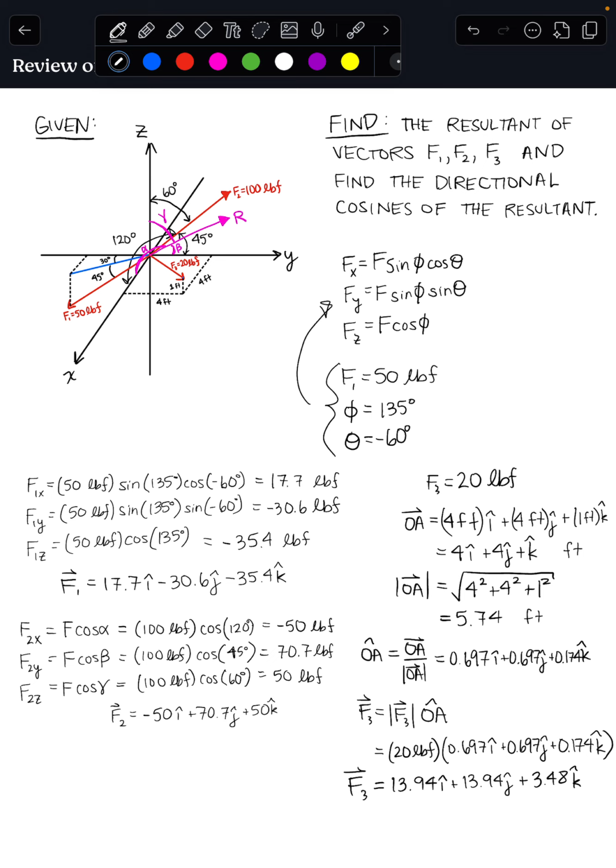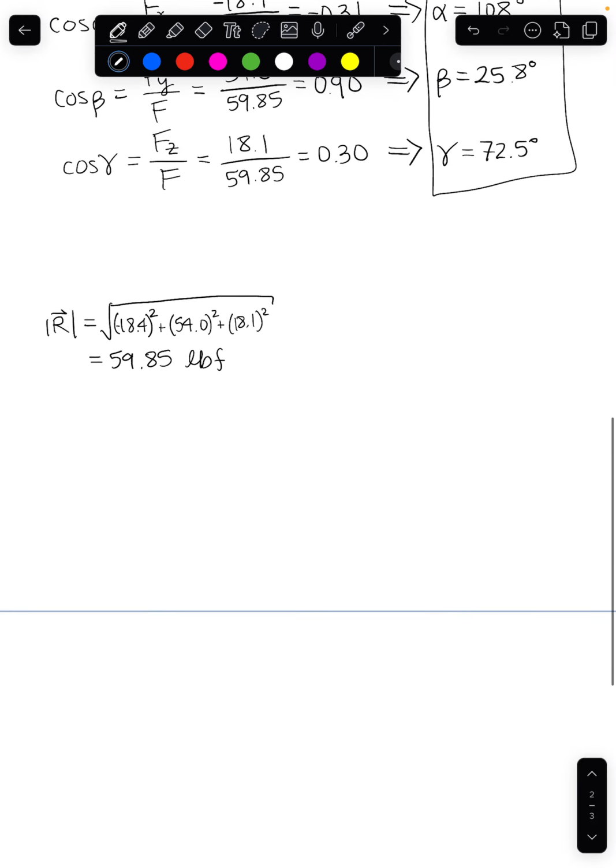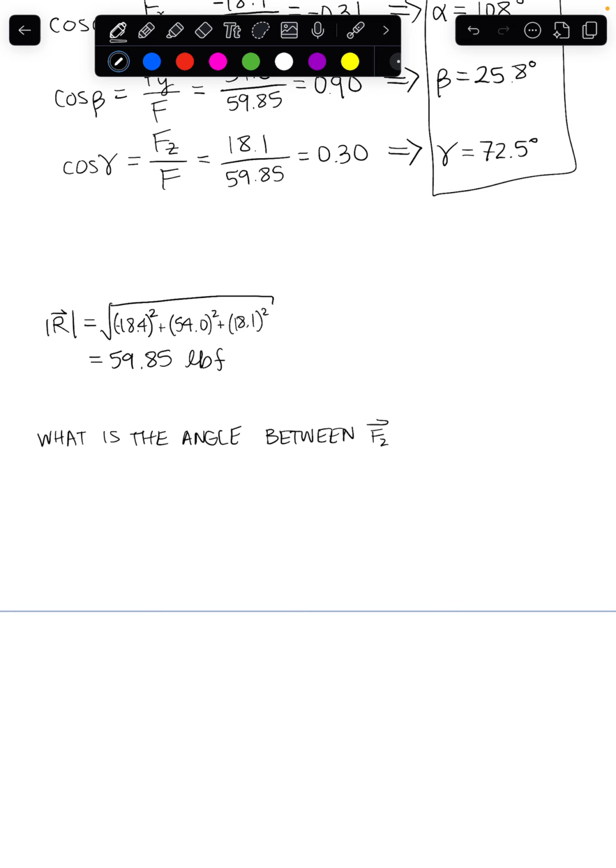So if I were to ask you, what is the angle between F2 and F3, we could solve that using an equation that, again, is in your equation sheet.